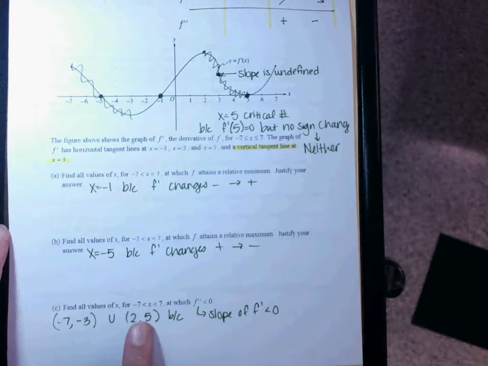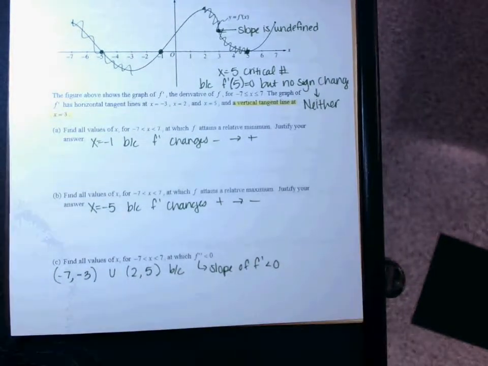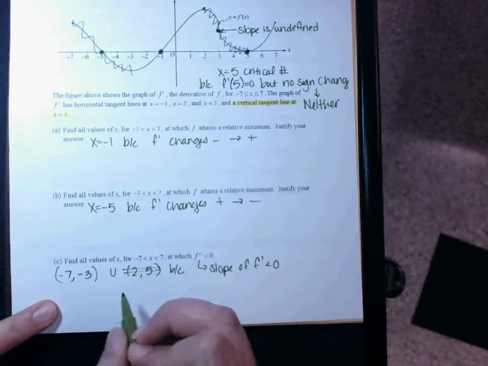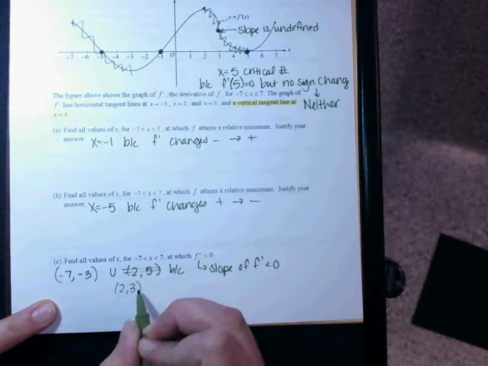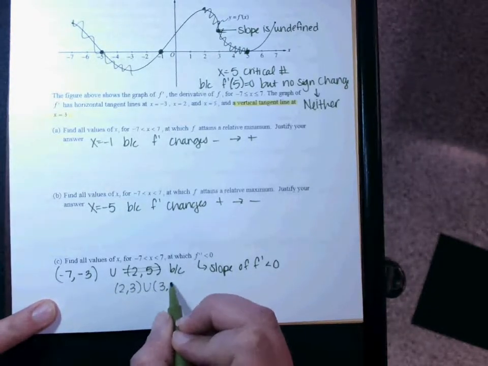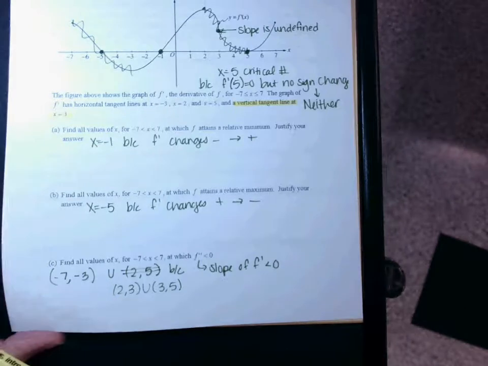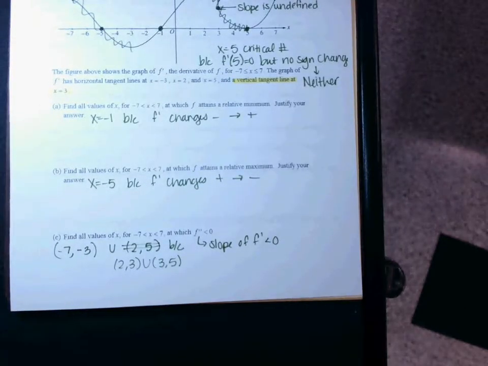So what you would need to do down here is cross that out and go from 2 to 3 and then from 3 to 5. The only type of point that you have to break it up around is if it's undefined. Remember, if your slope is undefined, then it's not less than 0 because it doesn't exist.